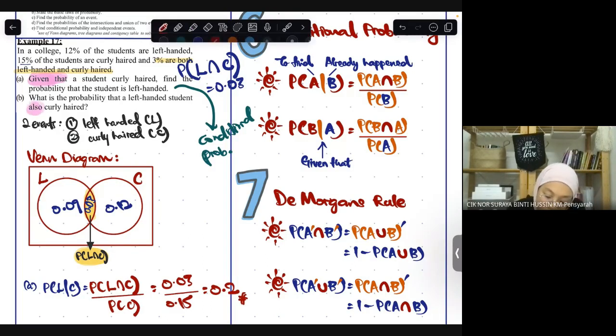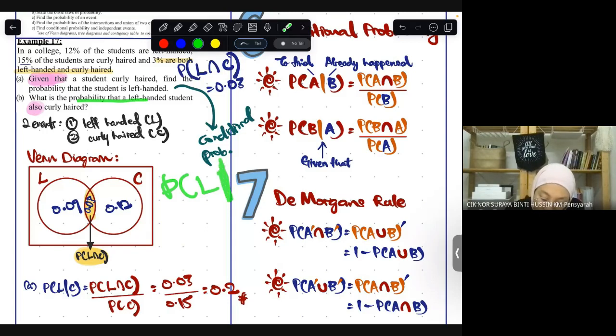So they are asking you what is the probability of a left-handed. Also ni juga adalah maksud keyword kita. So left-handed itu apa yang kita nak cari, but it is also given that something already happened, which is curly head. Macam sama je soalan ni. Alamak, ini macam sama.